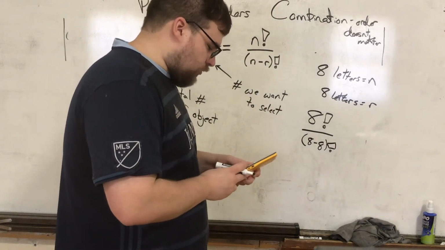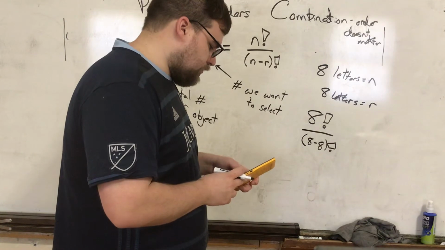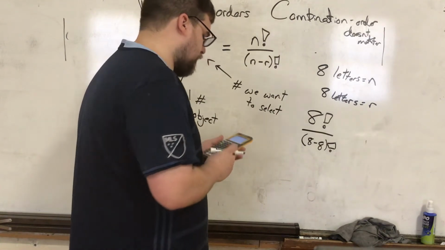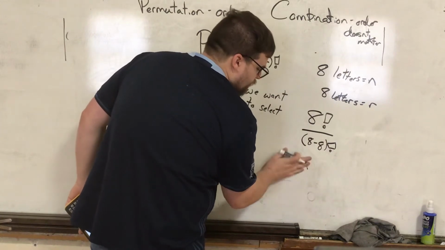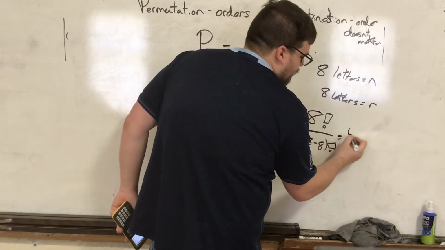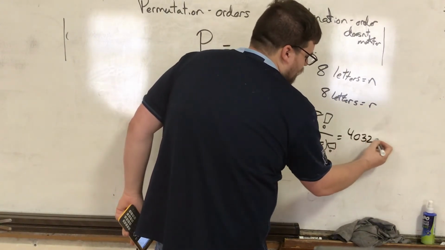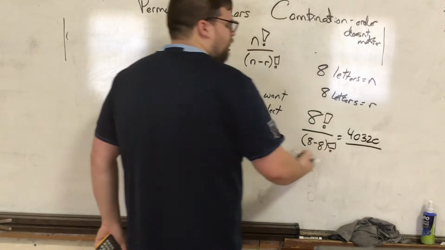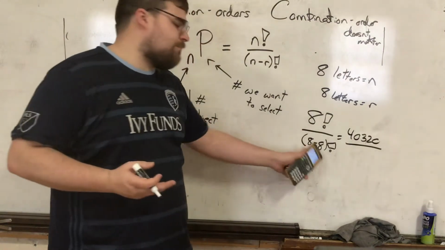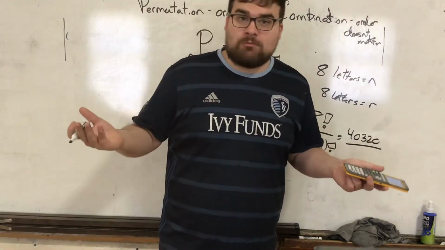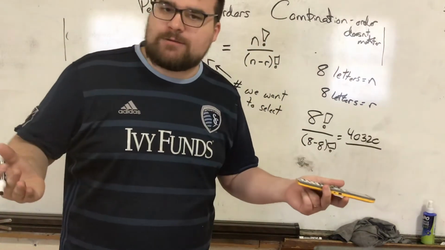So 8 factorial is going to be 40,320. Let me write it up here. Now here, before we take the factorial, like I said a minute ago, we need to subtract those numbers. 8 minus 8. Well, that's 0, right? What's 0 factorial?